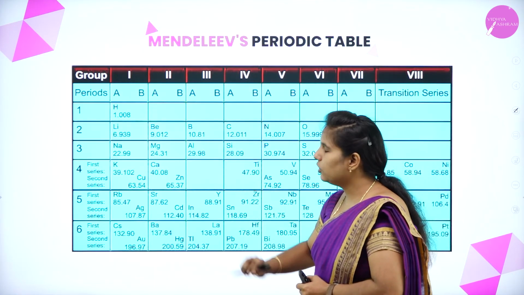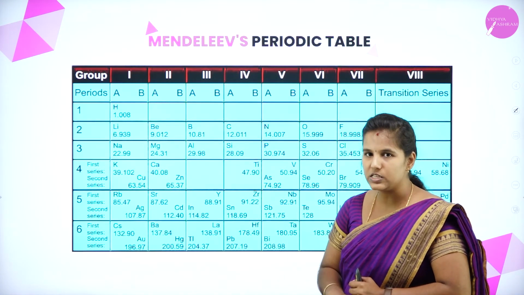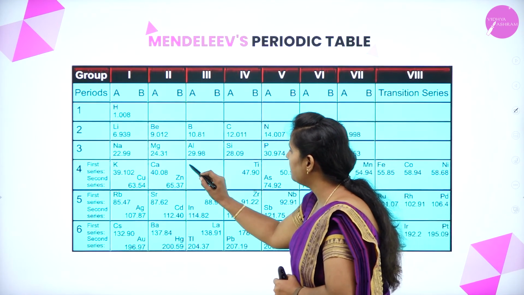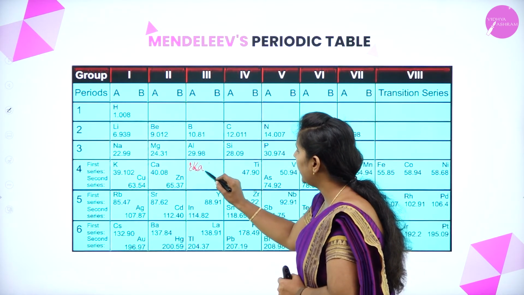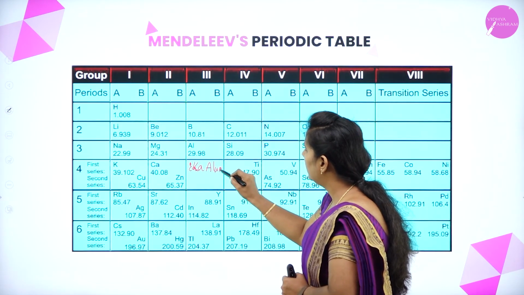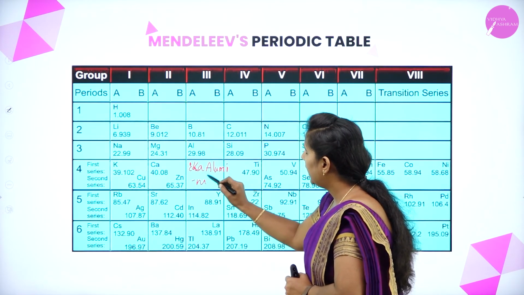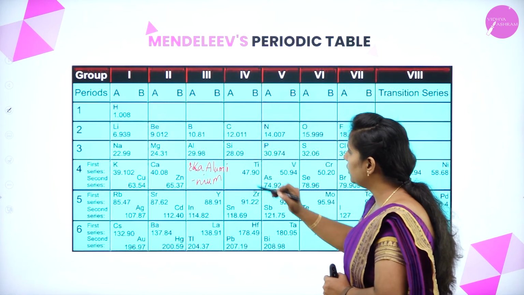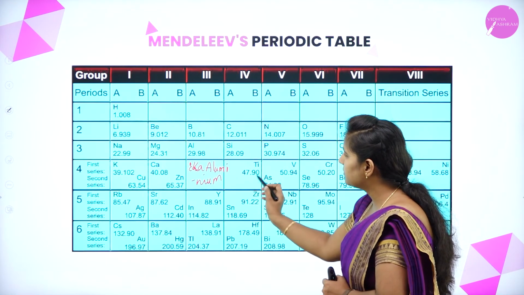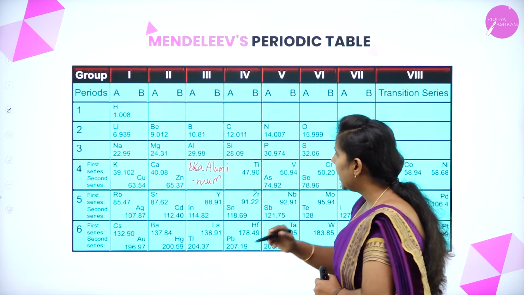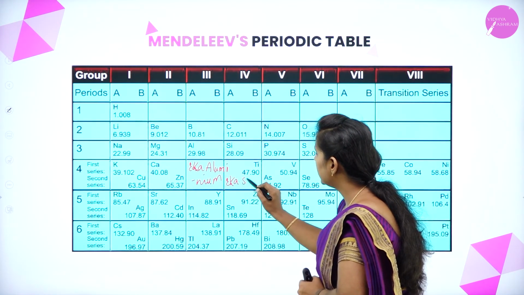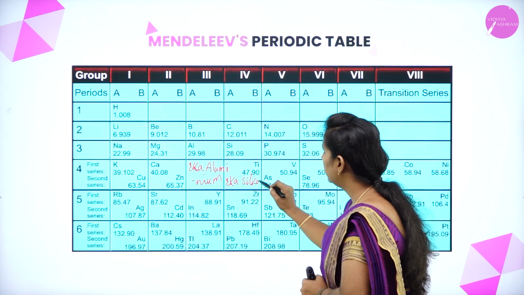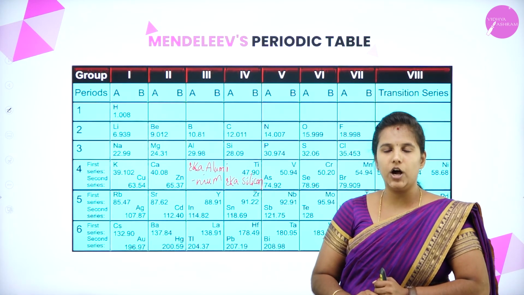Especially below aluminium, he left a space and he called it eka aluminium. Also, just below silicon, he left another space and he called that space eka silicon.